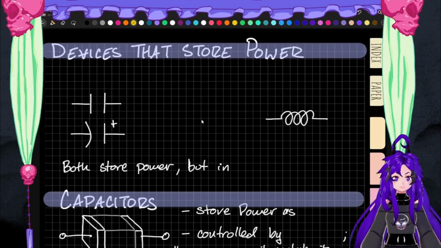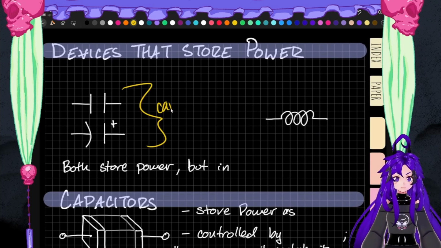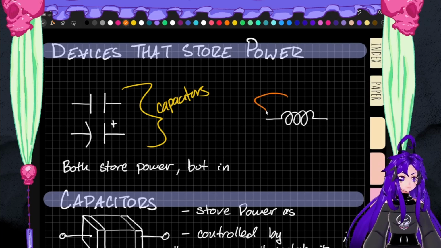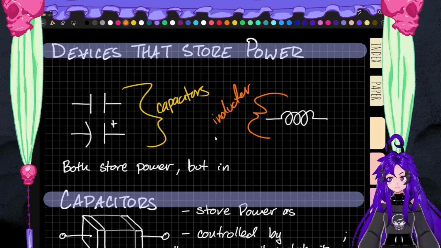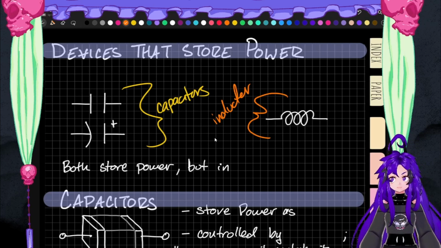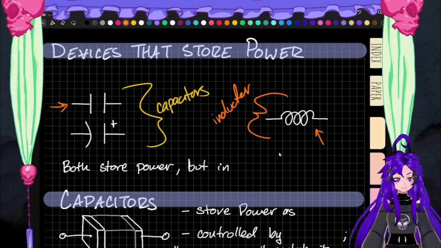Alright, so devices that store power. These are the symbols of capacitors. And this is the symbol of an inductor. So this and this have no set direction, right?